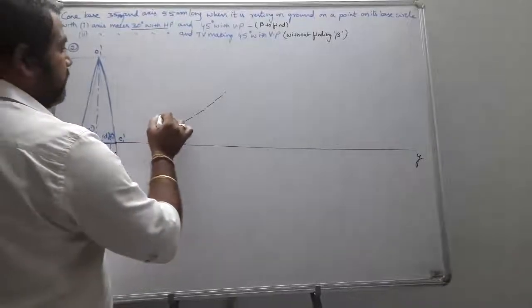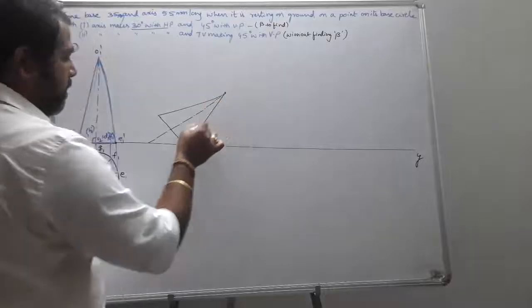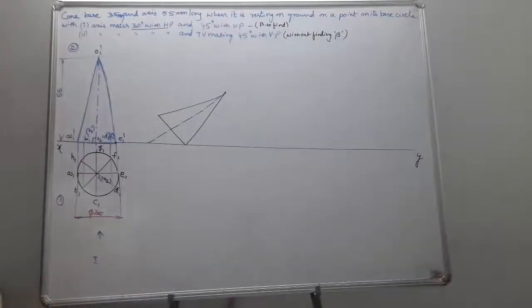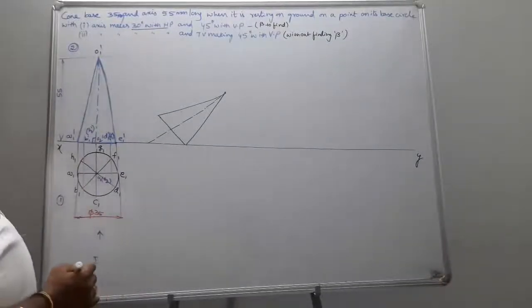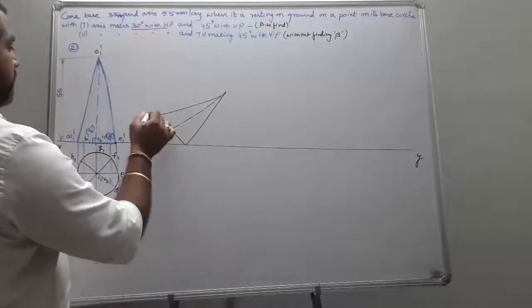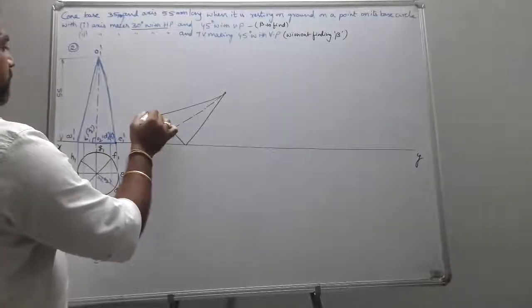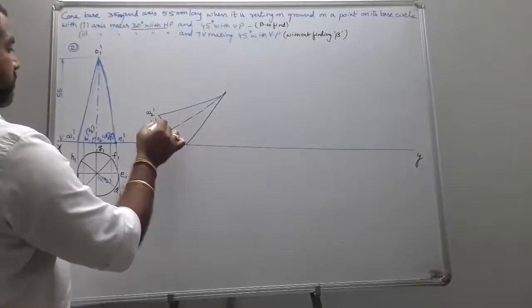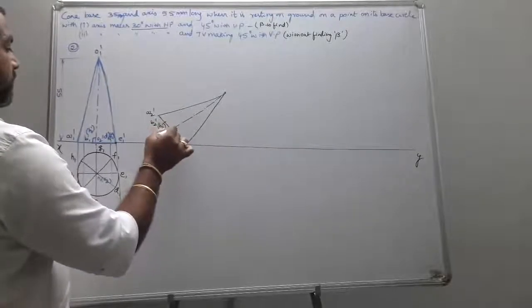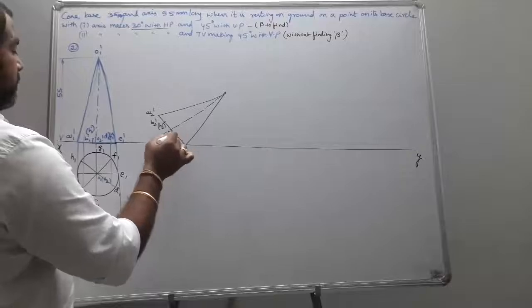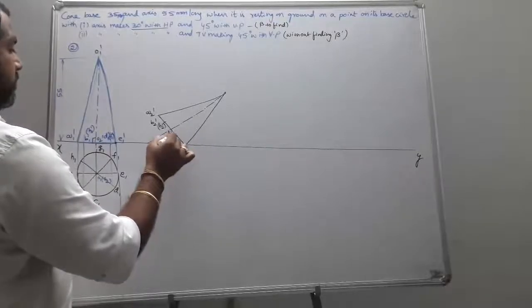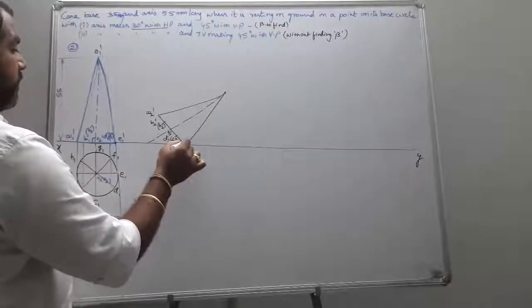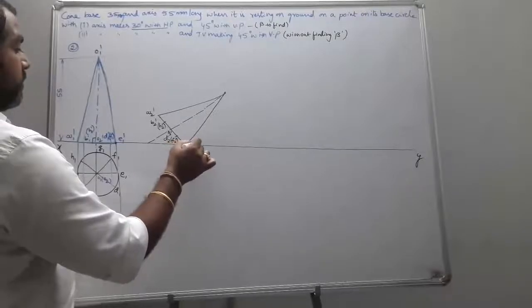So this becomes your A2 dash, B2 dash of H2 dash. This is O2 dash, D2 dash of F2 dash, and this becomes your E2 dash.